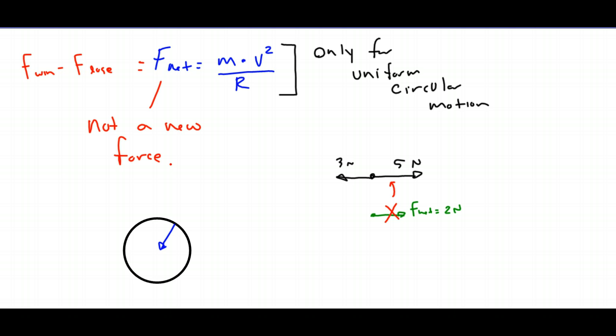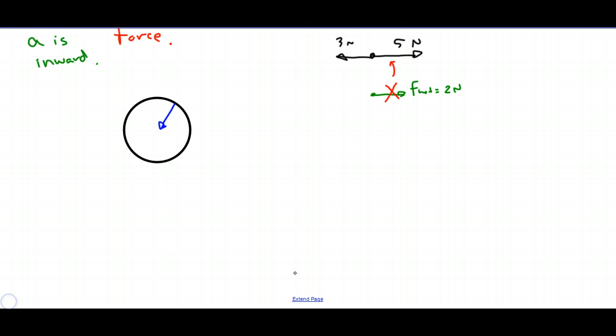In this case, our winning forces are always the forces going inwards, and our losing forces are always the forces going outwards, because these inward forces have to be bigger than our outward forces since we are accelerating inward. So whenever we are writing our F net expressions, we're always going to use our inside forces minus our outside forces.